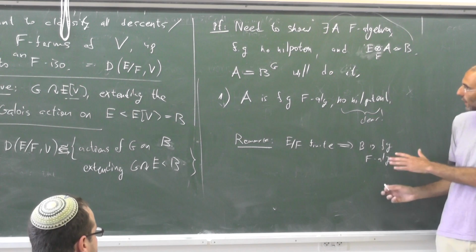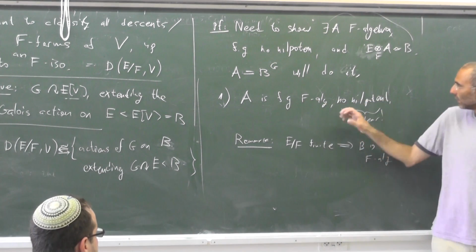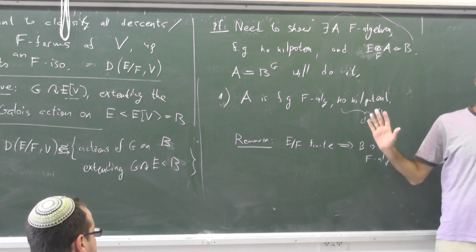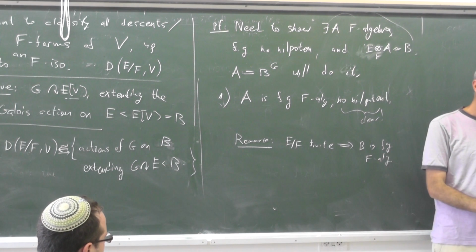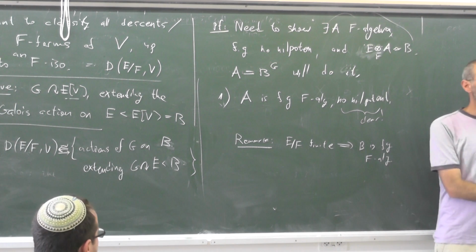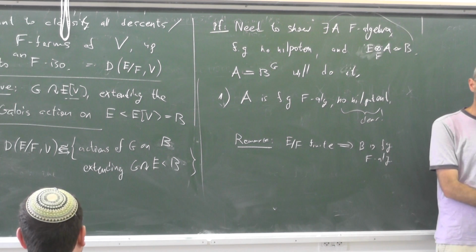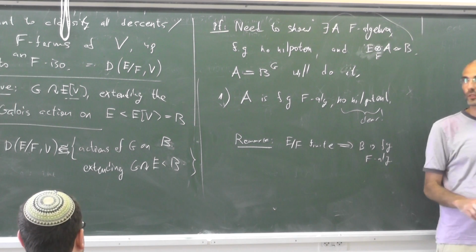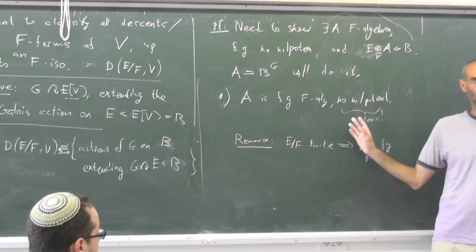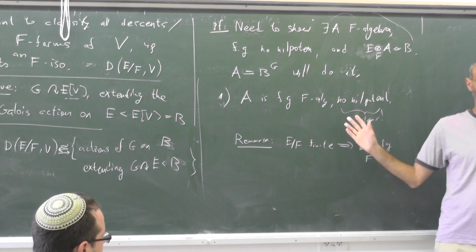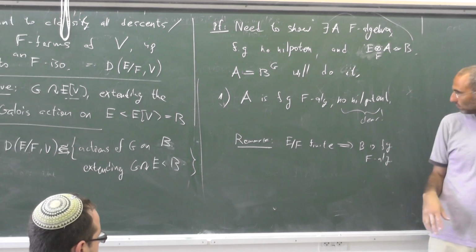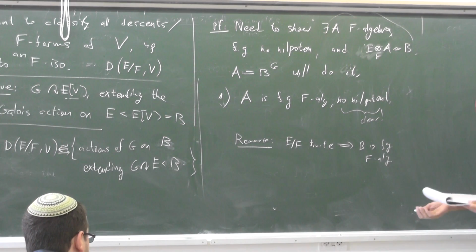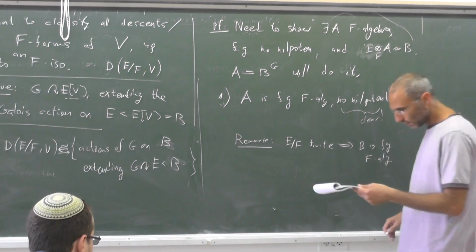So the claim here is, as nilpotent is not a problem at all, the finite generation of A has nothing to do with E. Now we have B, a finitely generated F algebra, with some finite group G acting on it, and the fixed points of that group form a finitely generated subalgebra. This is theorem number 1 in invariant theory, if you ever saw it. This is a very basic fact. I will prove it for you, but probably you've seen it before.